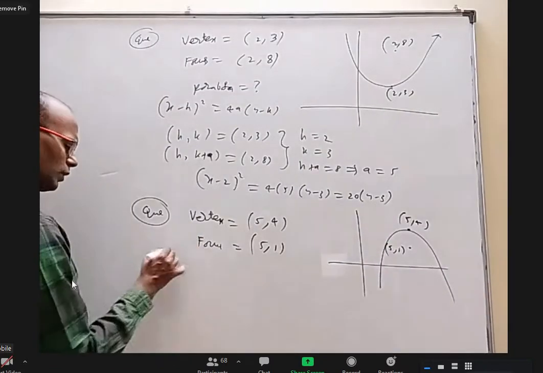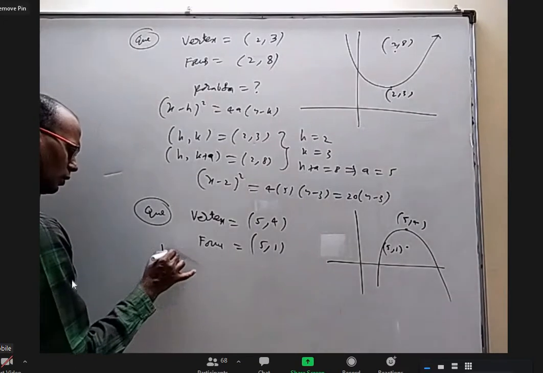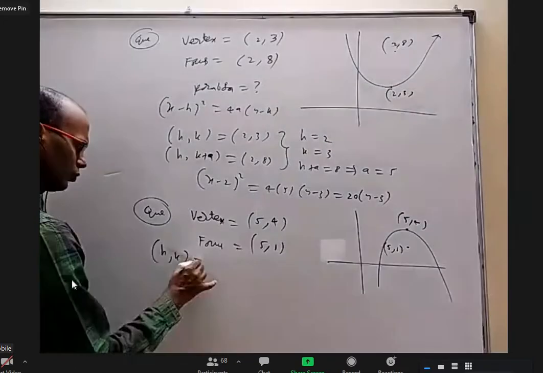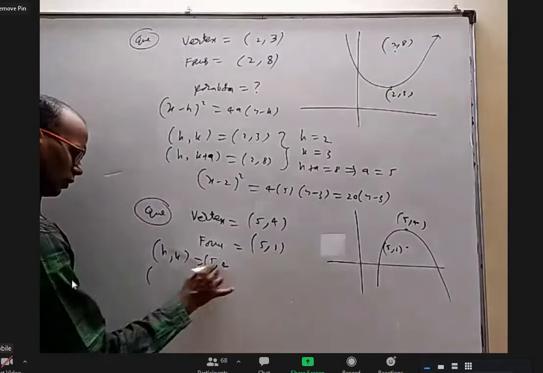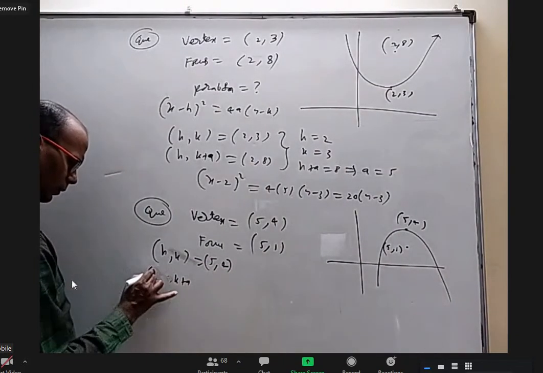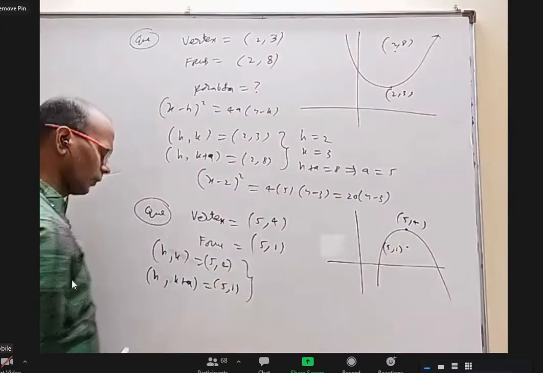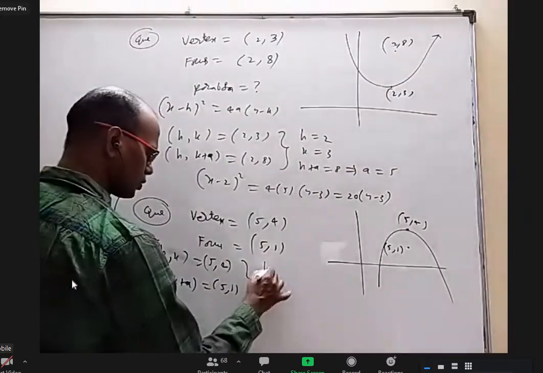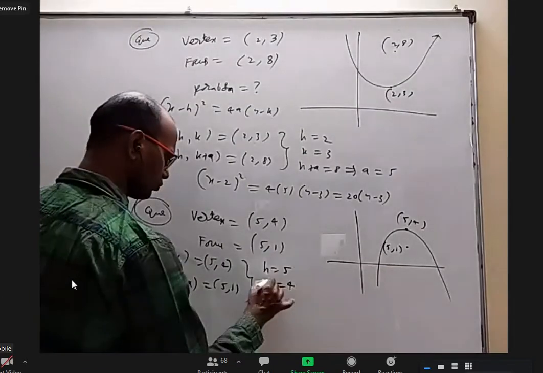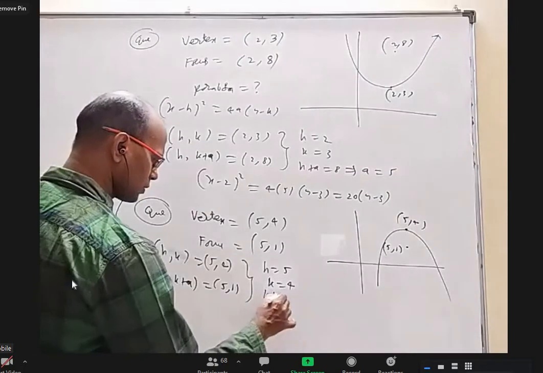If you want to use the standard formula, (h, k) is equal to (5, 4), (h, k plus a) is equal to (5, 1). So you'll get h is equal to 5, k equal to 4, and k plus a is equal to 1.